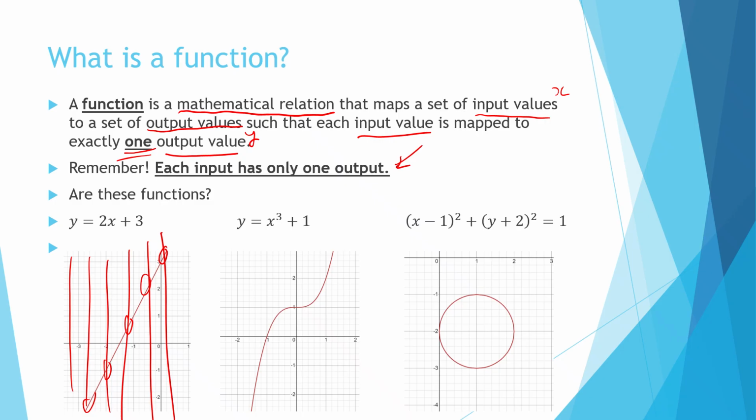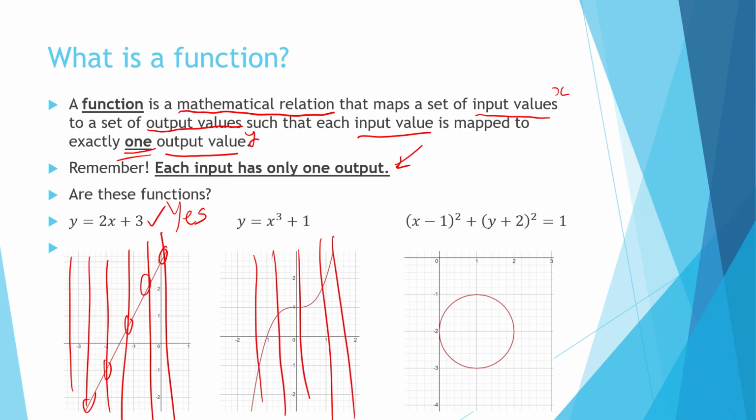So this first one, y equals 2x plus 3, that straight line, would be considered a function. Let's take a look at y equals x cubed plus 1. This still will pass the vertical line test, so this is good, and this would also be considered a function.